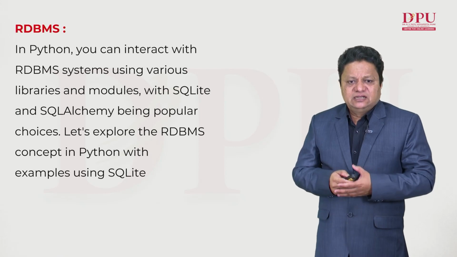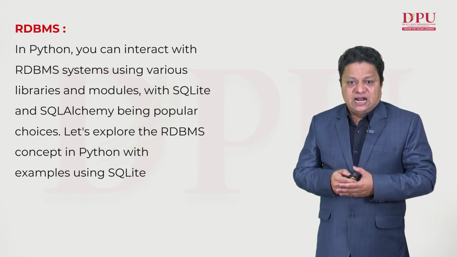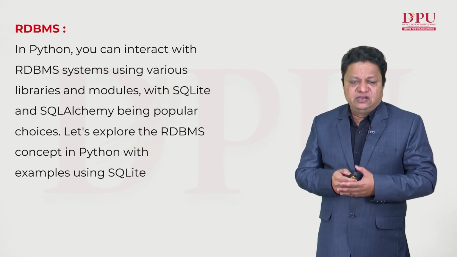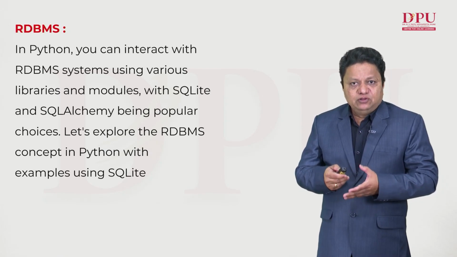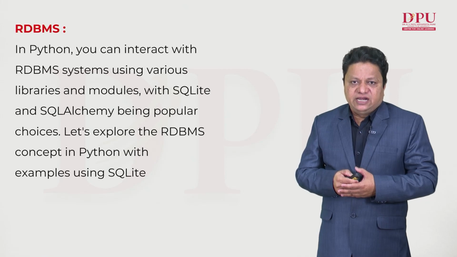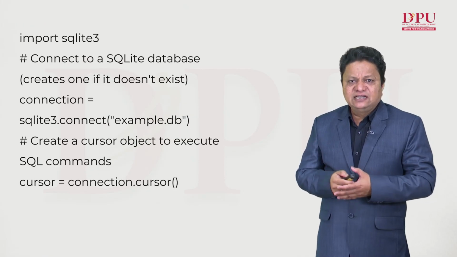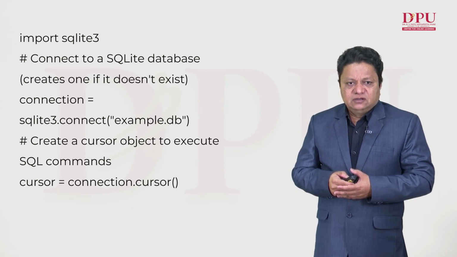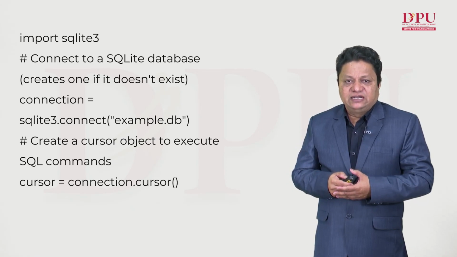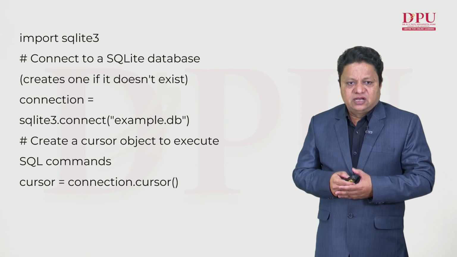So, let us explore the RDBMS concept in Python using SQLite. First thing is that we need to import sqlite3, we need to connect to the SQLite database, which creates one if it does not exist.